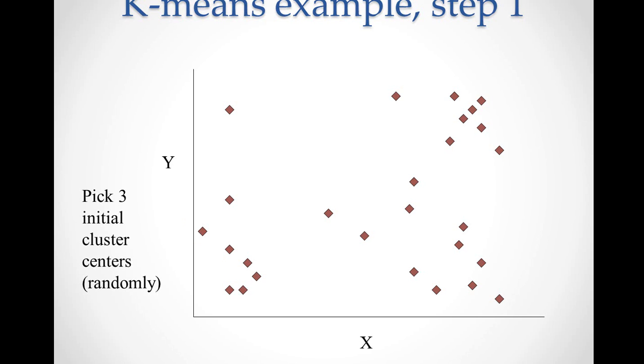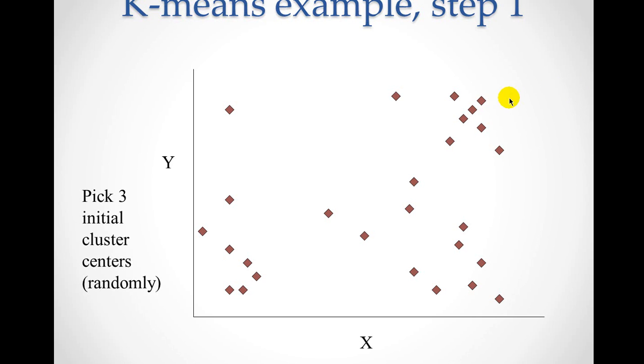If it was 1,300 dimensions, of course we can't see that, so we don't know how many groups there are going to be either. So that's a weakness of this algorithm, that we have to decide in advance, before the algorithm even runs, how many groups or clusters we want to find.